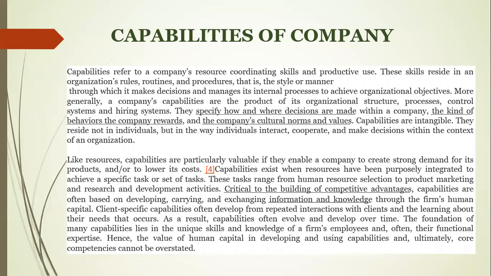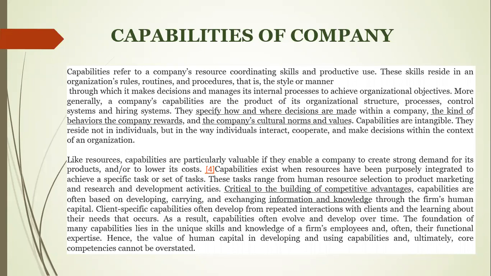So in the war to win, in the war to survive, how does an organization overcome the competition? Capabilities, to an extent, help an organization overcome the competition. They help an organization stand in the face of cutthroat competition. So capabilities are the ability of an organization to use the resources efficiently and effectively.